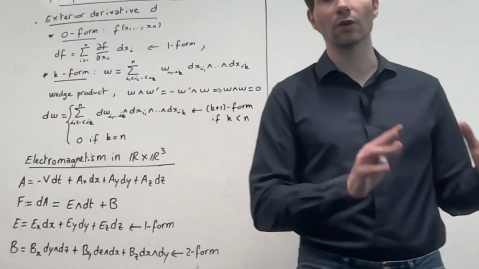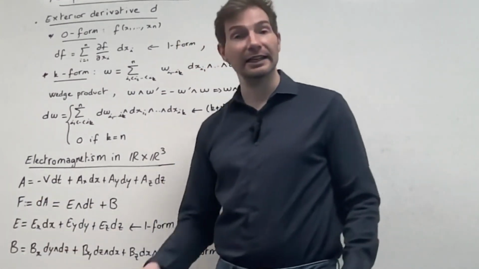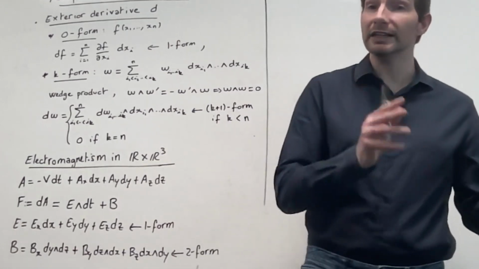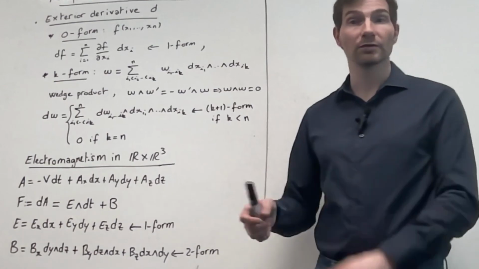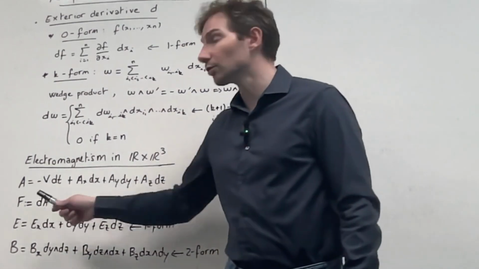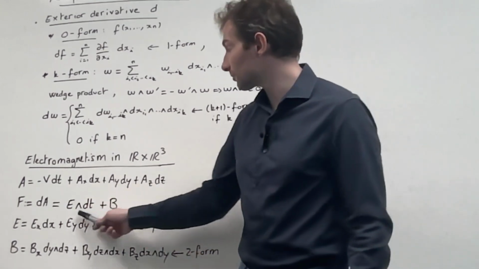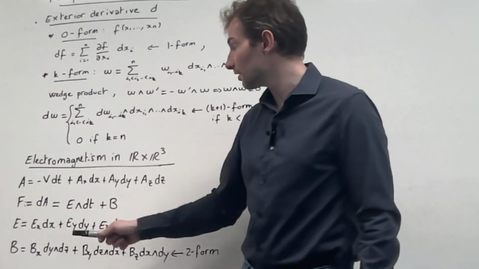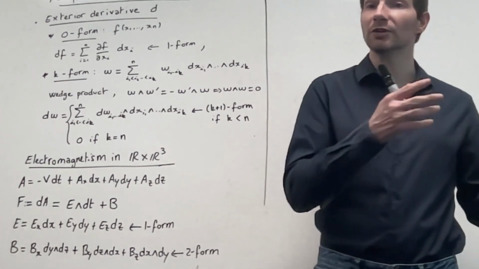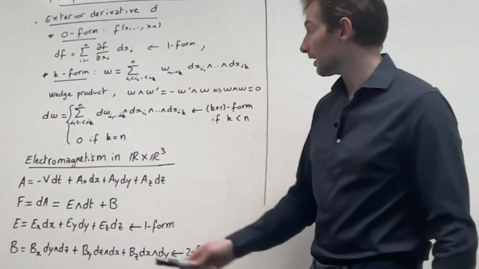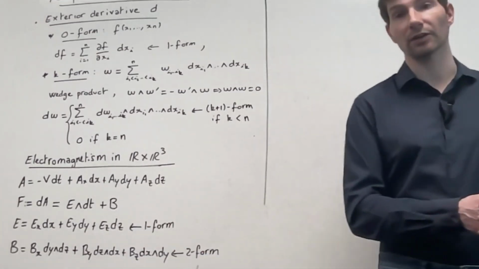Now, we dedicated a whole video to showing that if we define the electromagnetic form, or two form, as F equal to dA, then we managed to split it in a particular format: E wedge dt, where E is to be interpreted as the electric field one form, and B is a magnetic field two form, okay?